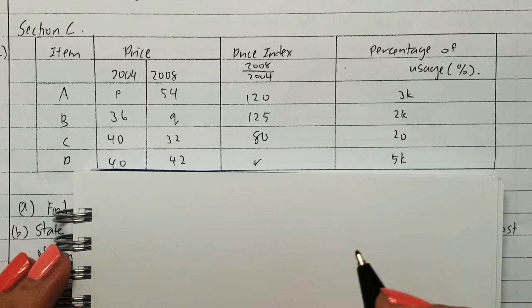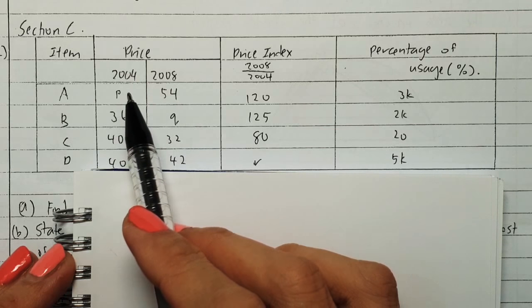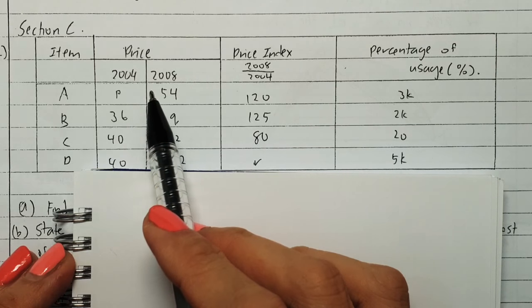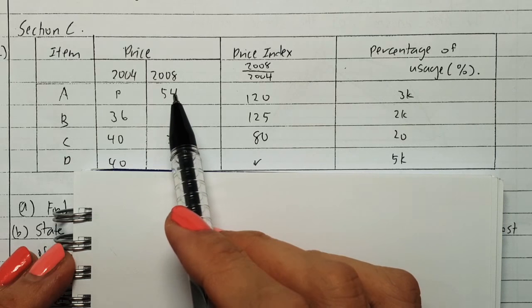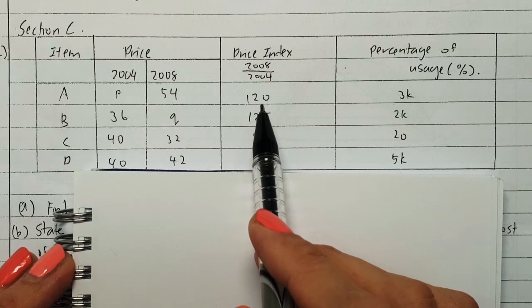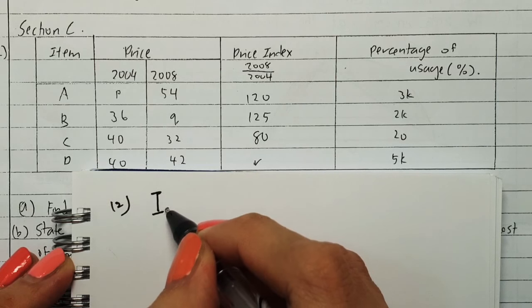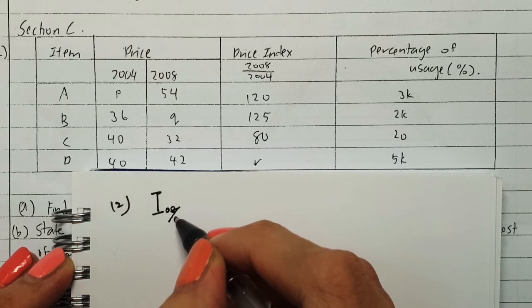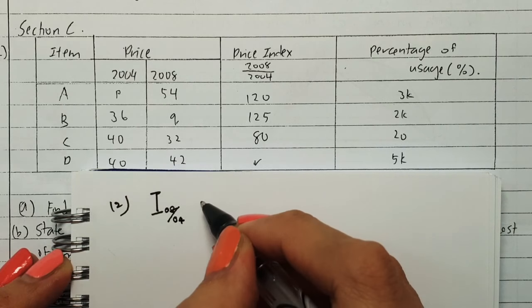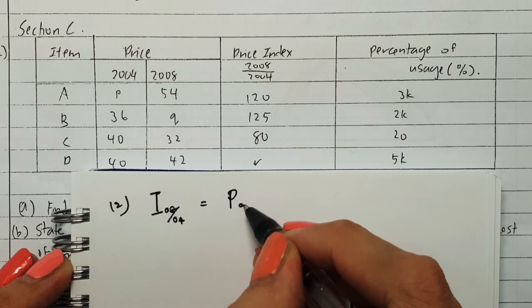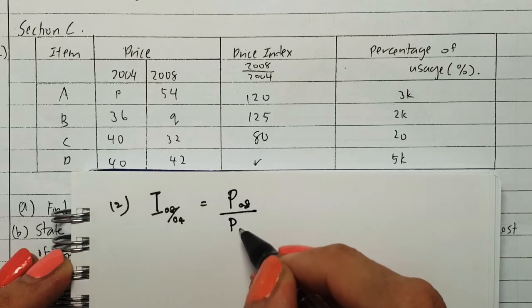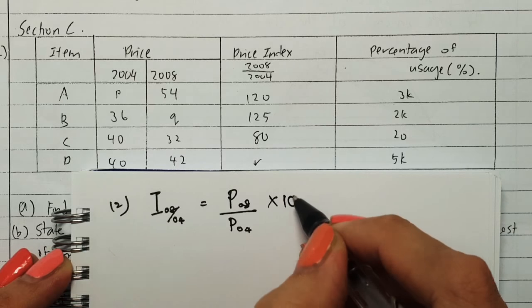Okay, so the price index, the formula, we keep applying it. So over here, P is the price in 2004. This is the price in 2008, and 120 is the price index, year 2008 compared to year 2004. So we take the price in 2008 over the price in 2004 times 100.